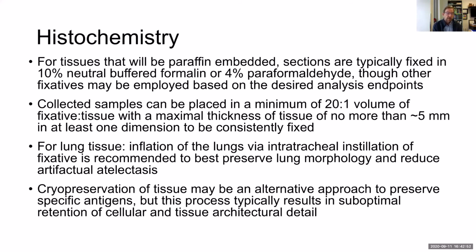So, just running through some nuts and bolts of what we do for histochemistry. We usually use 10% neutral buffered formalin or 4% paraformaldehyde. Depending upon what you want to do, you might want to use other fixatives. Using the right ratio of fixative to tissue is important, and also it's important not to have really large pieces of tissue that you're trying to fix, or otherwise you won't properly fix them.